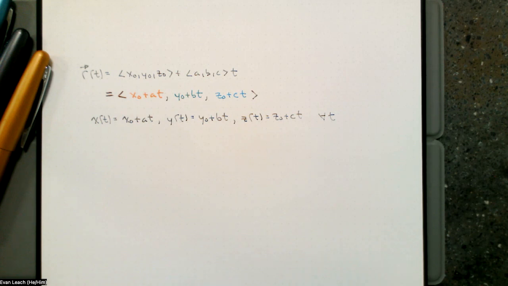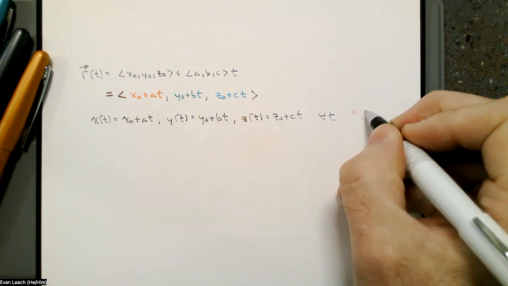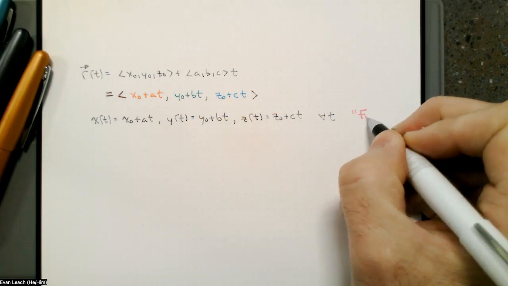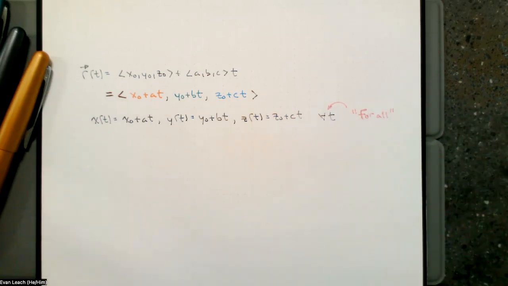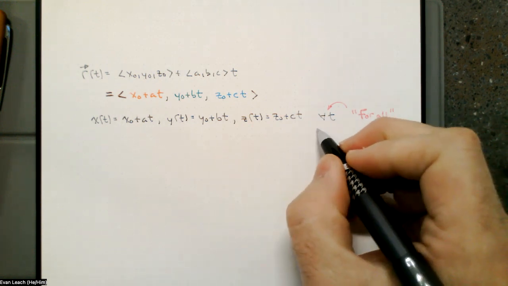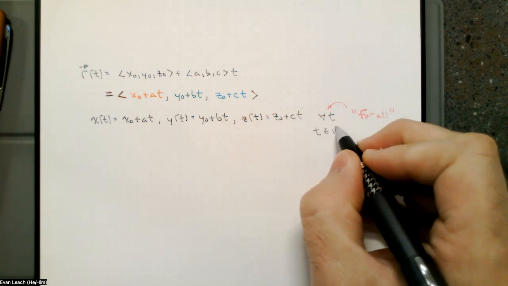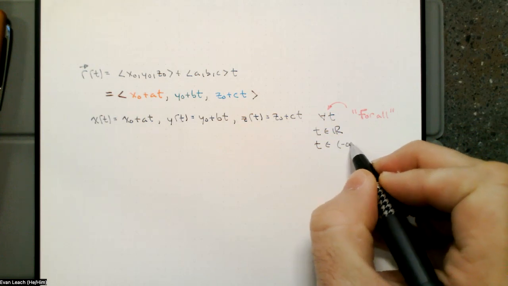Remember, the upside down A is the abbreviation for all. So that would say for all t. Another way to say for all t, since t is a scalar, and since we use the real numbers for the scalars, we might say t is real, or we might say t is from the set from negative infinity to infinity.